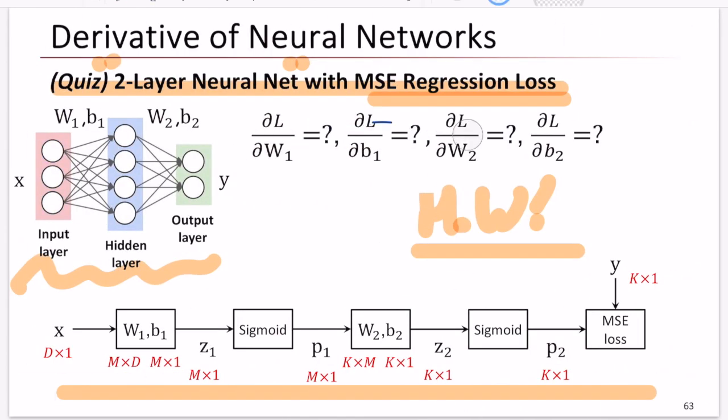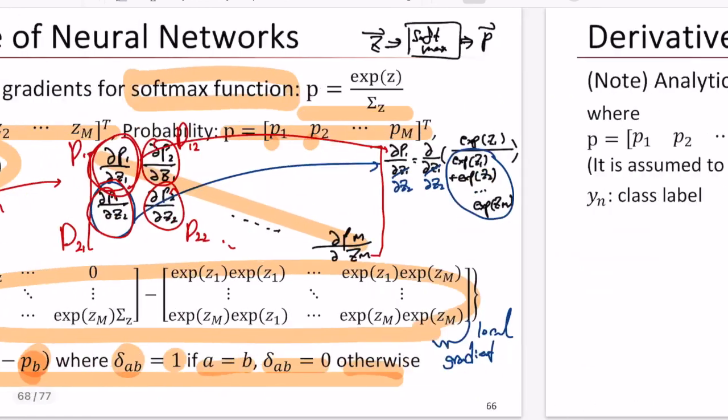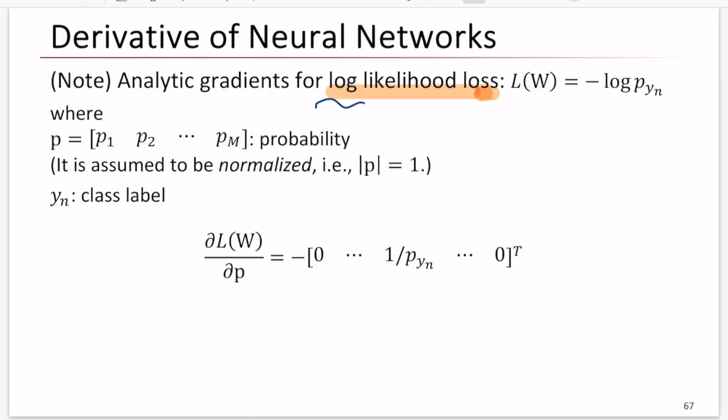But compared to the MSE regression loss, the log likelihood loss is relatively complicated. So let's talk about this one. The log likelihood loss was like minus log P of YN, where P is the probability after softmax and Y is the class label.